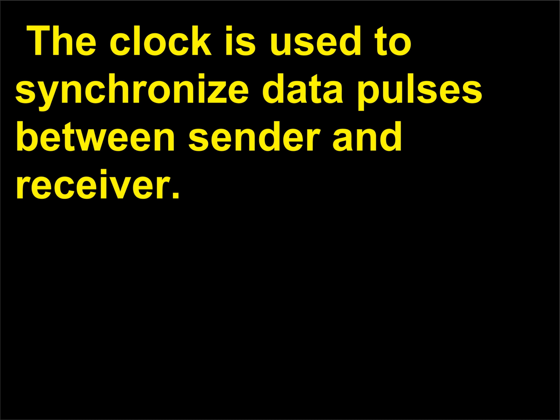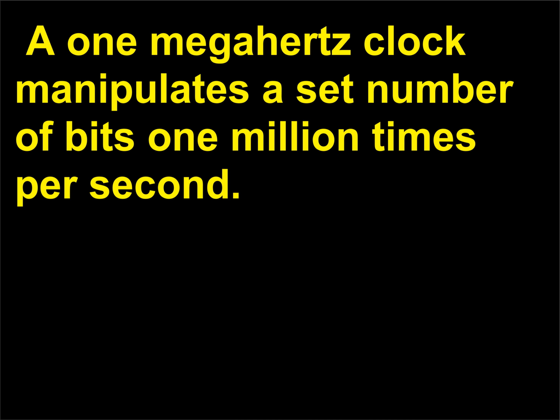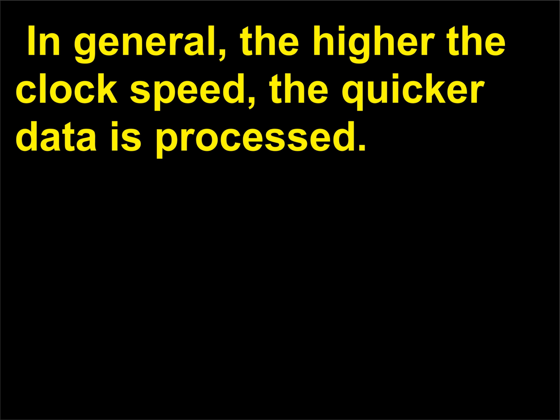The clock is used to synchronize data pulses between sender and receiver. A 1 MHz clock manipulates a set number of bits 1 million times per second. In general, the higher the clock speed, the quicker data is processed.